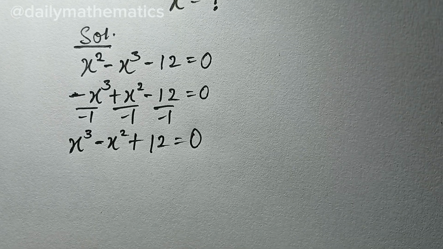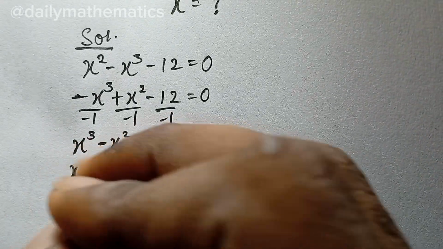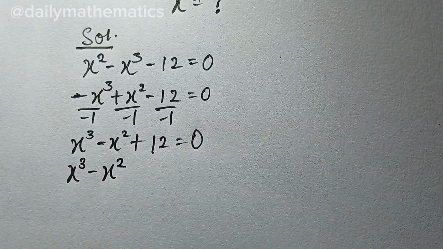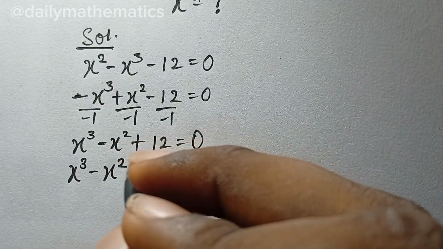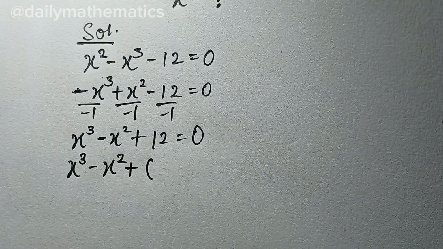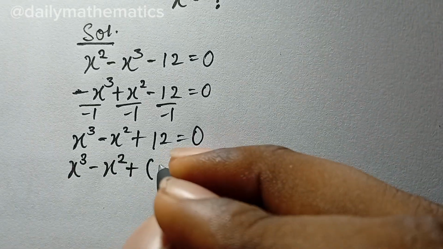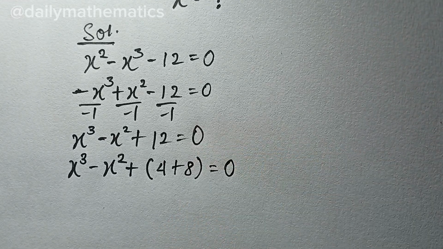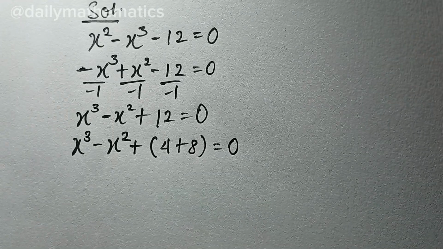And so from there, what are we going to do? So from here we can now have x cubed minus x squared plus 12. So we can now expand 12. 12 can be 4 plus 8, then equals 0. We've expanded it. And so from here, what are we going to do?